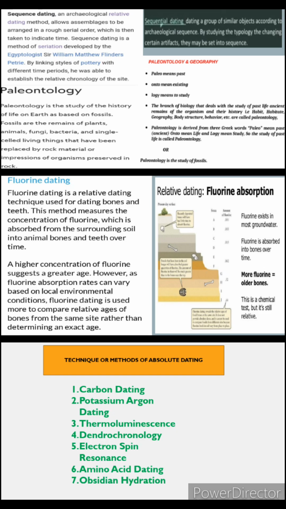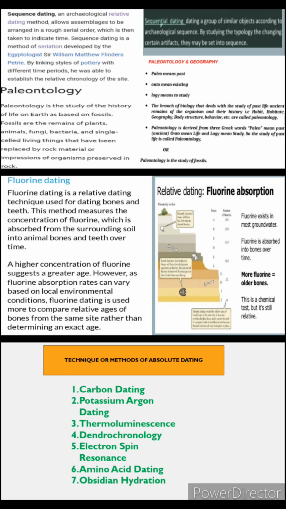And next is fluorine dating. Fluorine dating is a relative dating method used for dating bones and teeth. This method measures the concentration of fluorine absorbed from the surrounding soil into the animal's bones and teeth over time.